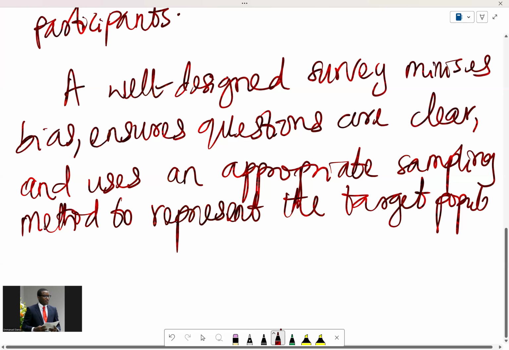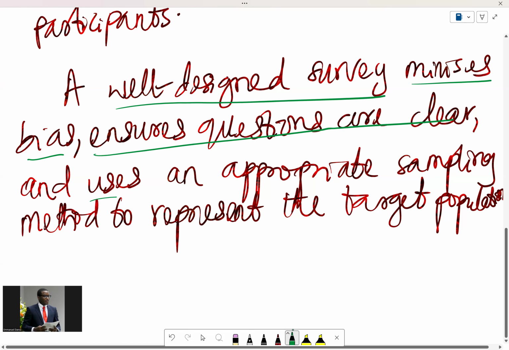Okay. So you can see here, right? A well-designed survey minimizes bias, ensures questions are clear, and uses an appropriate sampling method to represent the target population. Okay.